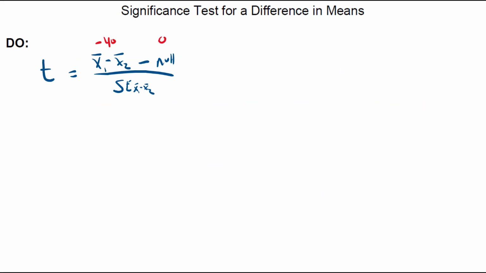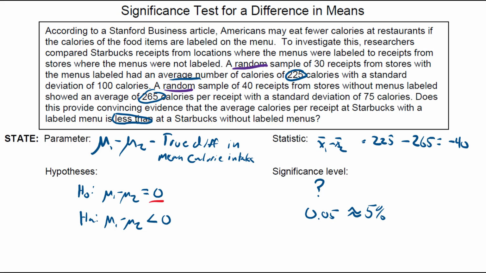And then we need to determine our standard error. Well, our standard error is simply going to be, say, x1 bar minus x2 bar, standard error of those, of the difference. So it's the square root of standard deviation of our first sample, so with labels, which was 100 calories.